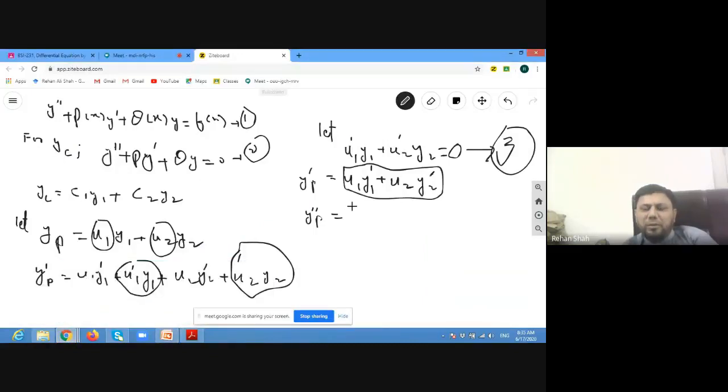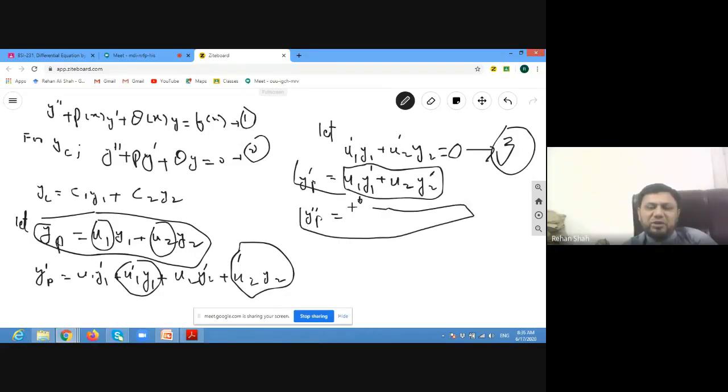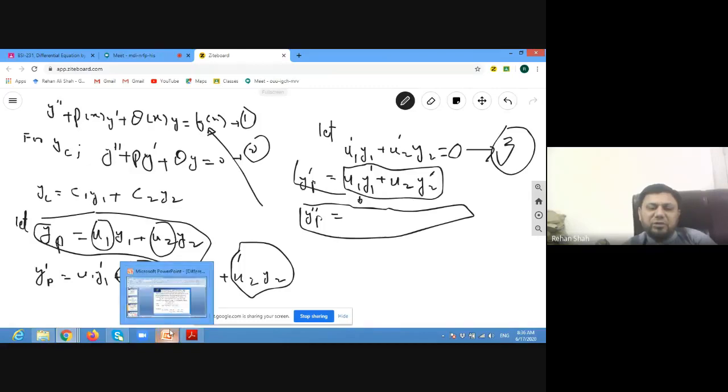So take the double derivative of this function. You know how to take the derivative. So putting these values: this is yp, this one is your y dash p, and this one will be your y double dash p. If you put these values in equation number one, you will obtain this.